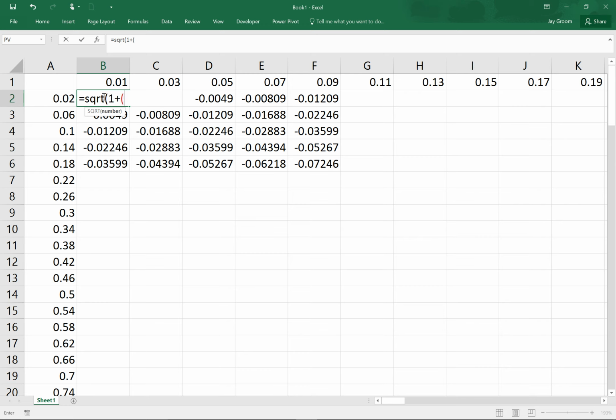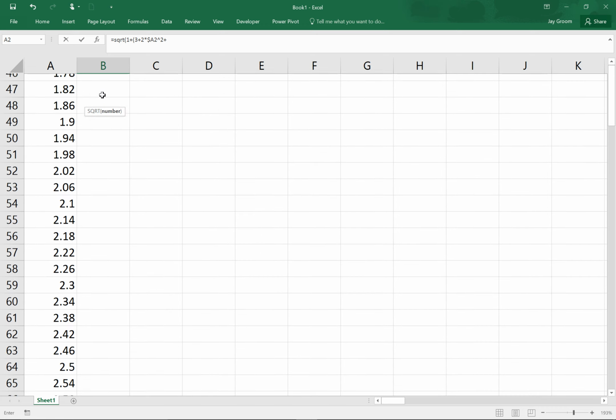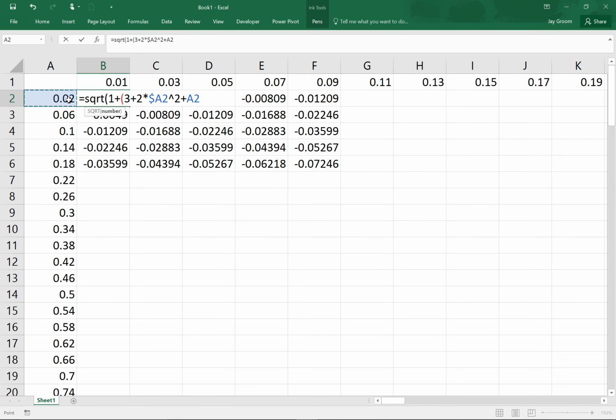What's our derivative? 3 plus 2 times y squared, plus y, and then we'll do a couple more, squared, plus 4 times y times x, plus x.